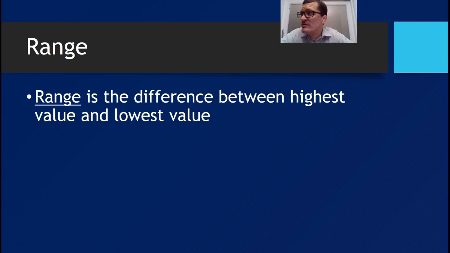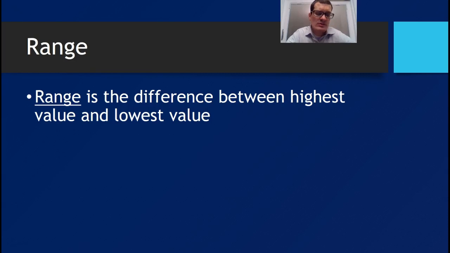So we're going to develop a few measures of variation. The first one is probably the simplest one and also the one you've most likely seen before. It's called the range. Simply speaking, the range is the difference between the highest and the lowest value.